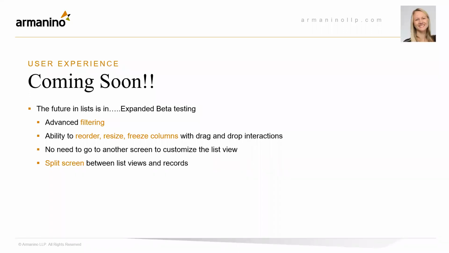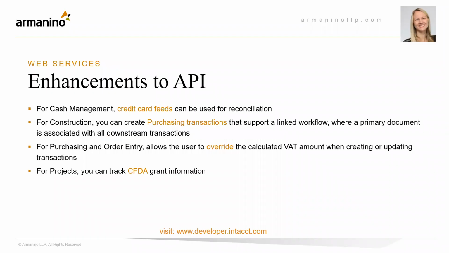All right. So back to web services. Enhancements to the API for cash management: credit card feeds can be used for reconciliation. For construction, you can create purchasing transactions that support a linked workflow where a primary document is associated with all downstream transactions.